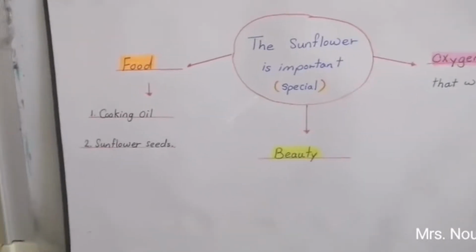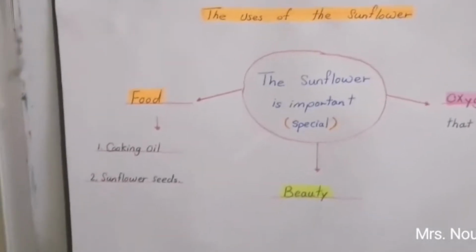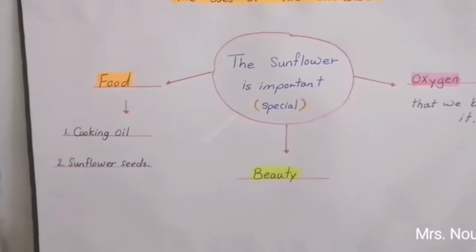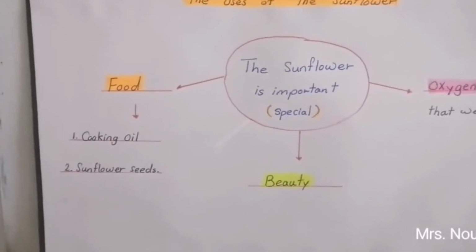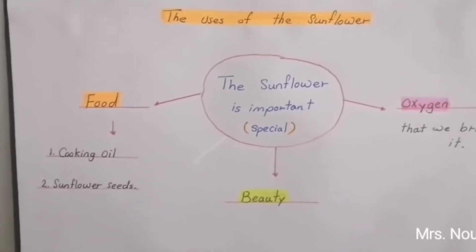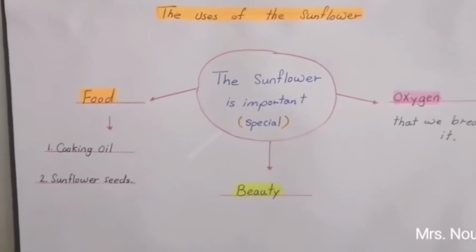The third drawing talks about the uses of sunflower. The sunflower is so important. Important means special. So why is the sunflower special?